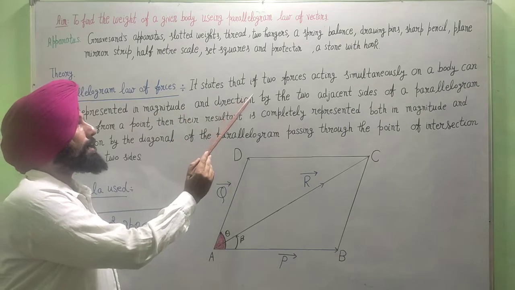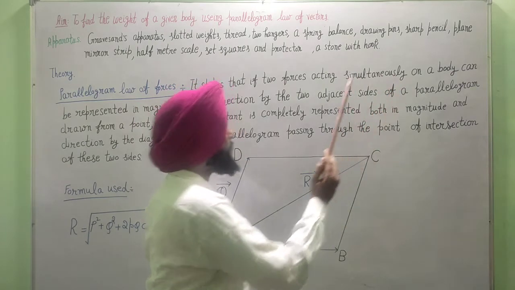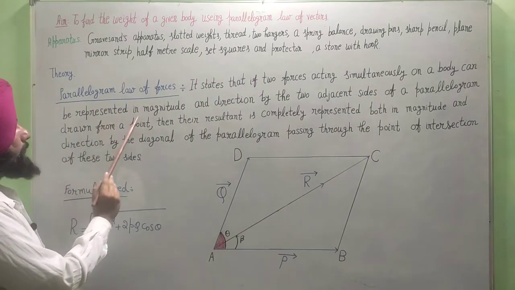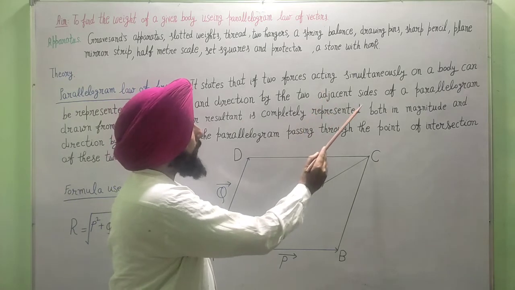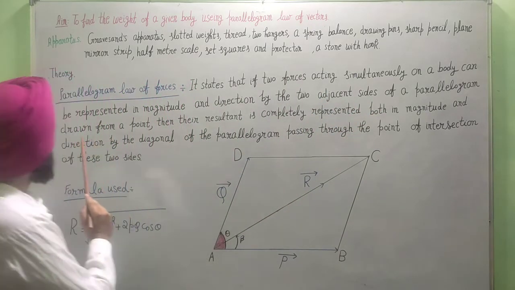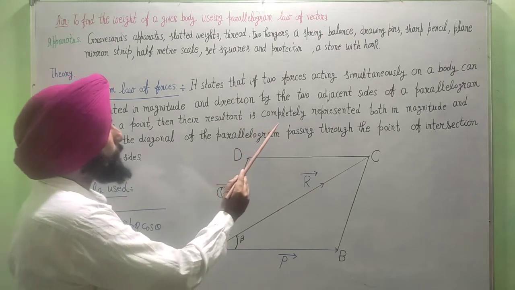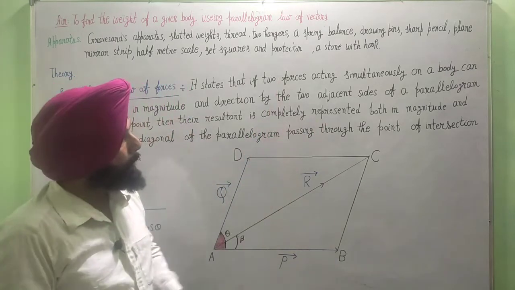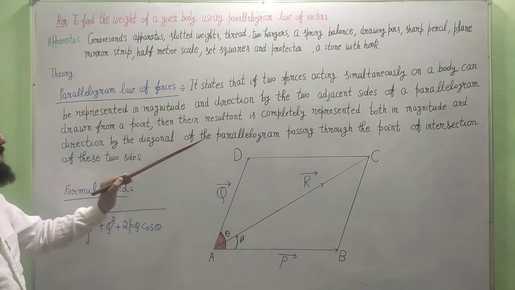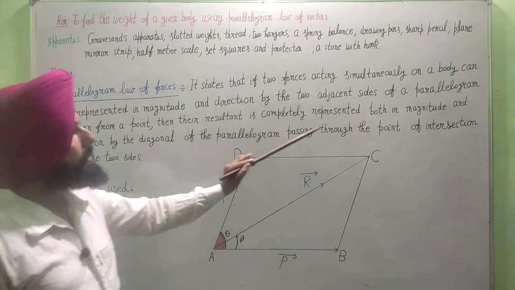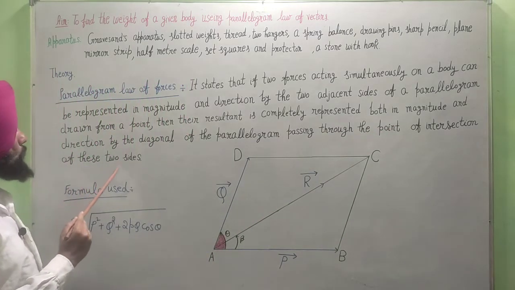It states that if two forces acting simultaneously on a body can be represented in magnitude and direction by the two adjacent sides of a parallelogram drawn from a point, then their resultant is completely represented both in magnitude and direction by the diagonal of the parallelogram passing through the point of intersection of these two sides.